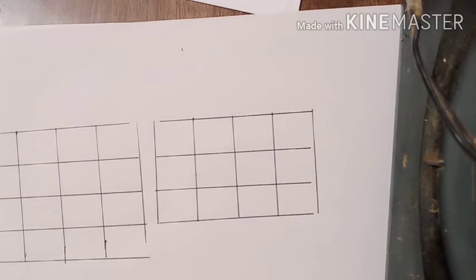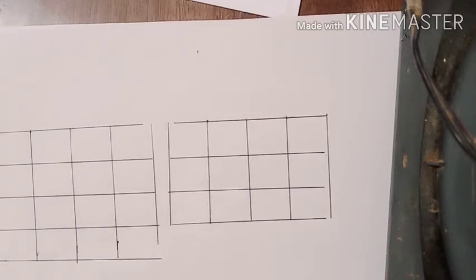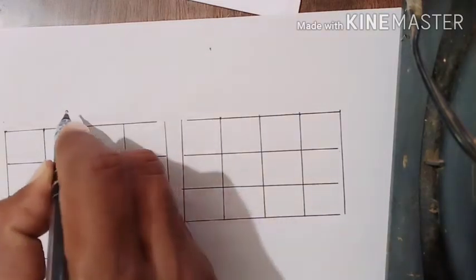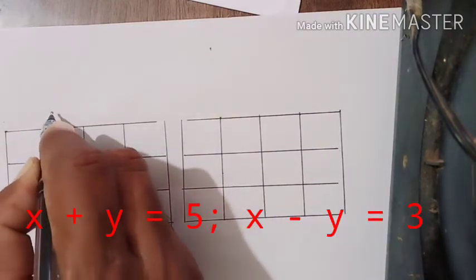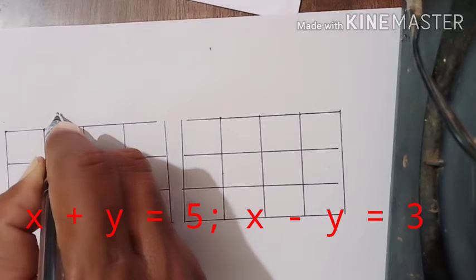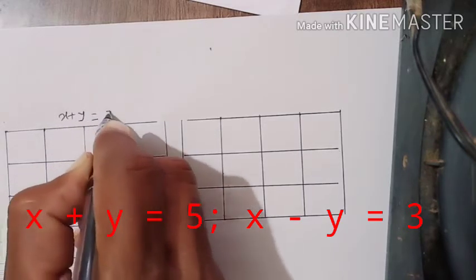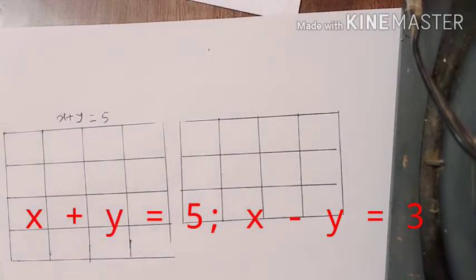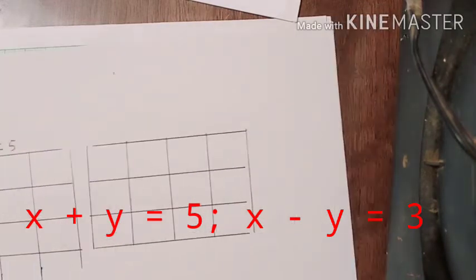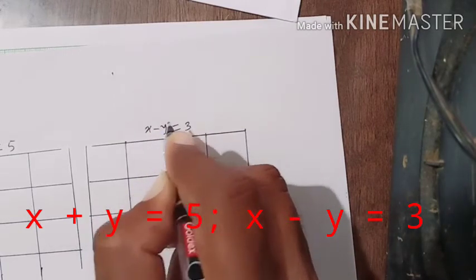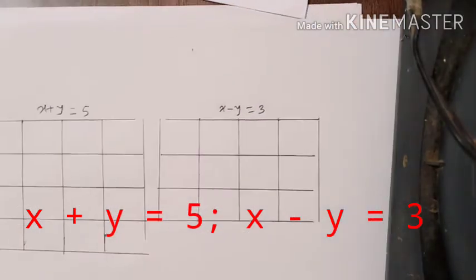The equation is x plus y is equal to 5. Write this equation at the top of the first box, that is x plus y is equal to 5. And the second equation is x minus y is equal to 3. It is the second equation.